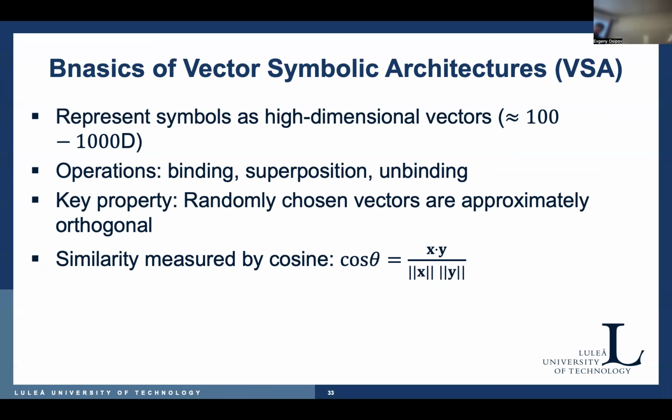Did you see this formula before, at least in your pre-university studies? It measures the cosine between two vectors in n-dimensional space: a dot product divided by the norms of the two vectors. But for us, it's important that you can measure similarity somehow.